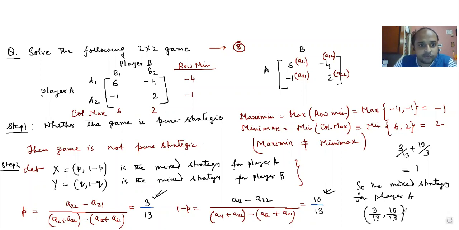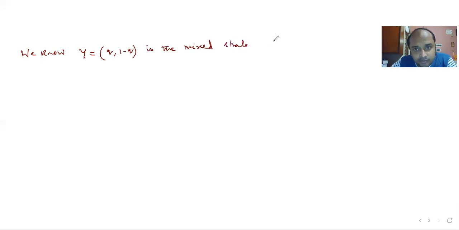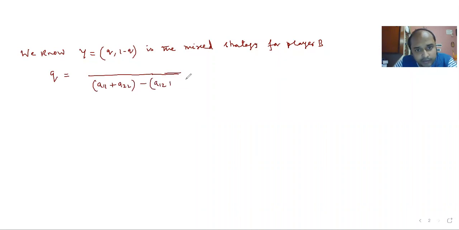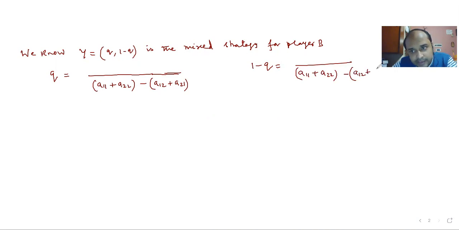Now similarly you find the mixed strategy for player B. So we know capital Y, Q and 1 minus Q is the mixed strategy for player B, and Q is given by, I am writing the denominator, A11 plus A22 minus A12 plus A21, and 1 minus Q is A11 plus A22 minus A12 plus A21.